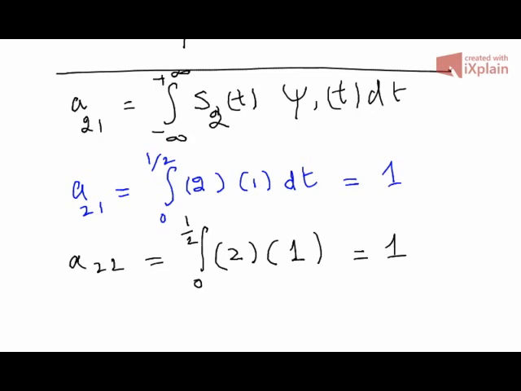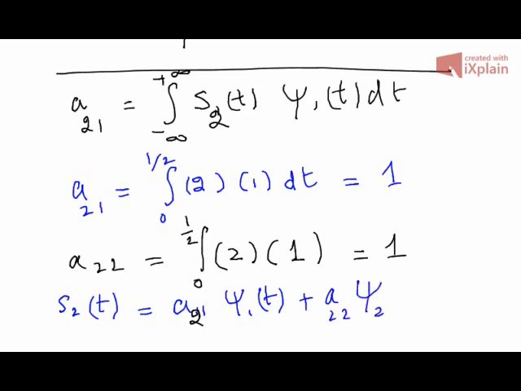So it means I can write my S2 of t as a linear combination: A21 times psi1 of t and A22 times psi2 of t, right?